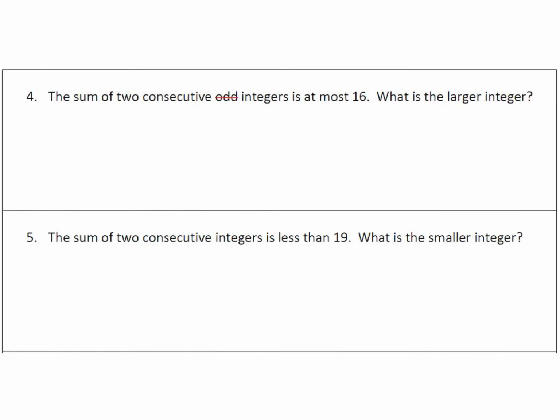All right, the sum of 2 consecutive integers. So let's remember what we do for consecutive integers. 2 consecutive integers would be the first number is just x, and then the second number is x plus 1, okay?